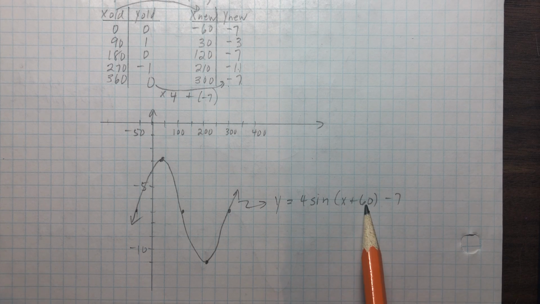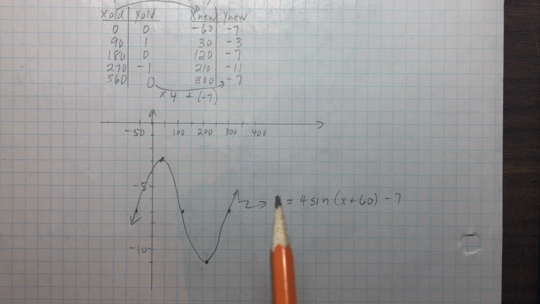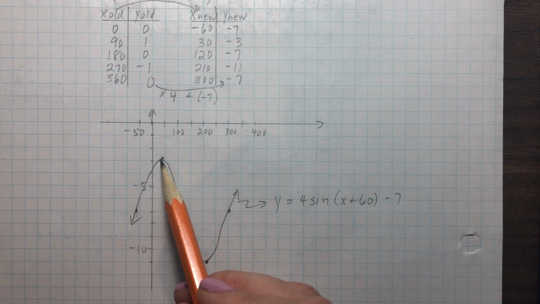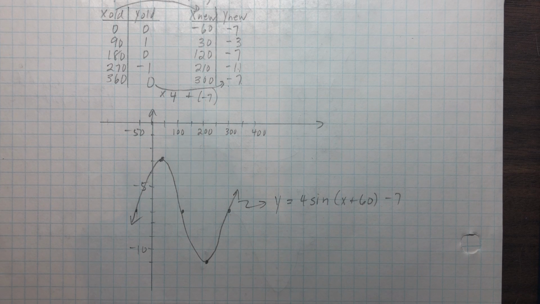From the equation, we know that the entire graph had to be translated 60 units to the left and 7 units down. So it looks like it's been moved to the left and down. So this graph makes sense. We also know that it should start going up from left to right since my a value is positive.